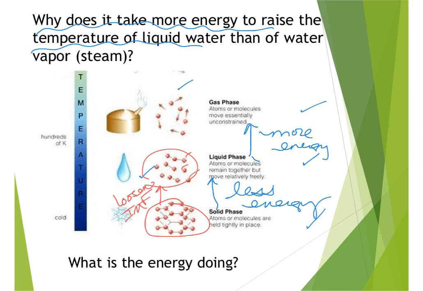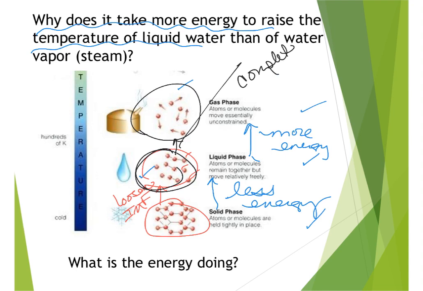But when you go from a liquid to a gas, you have to completely get rid of the intermolecular forces, which takes more energy. Okay, so pretty much boiling will always take more energy than melting.